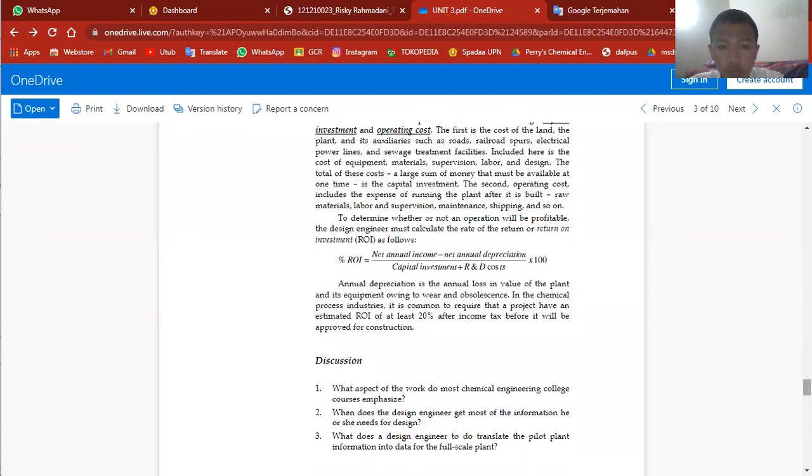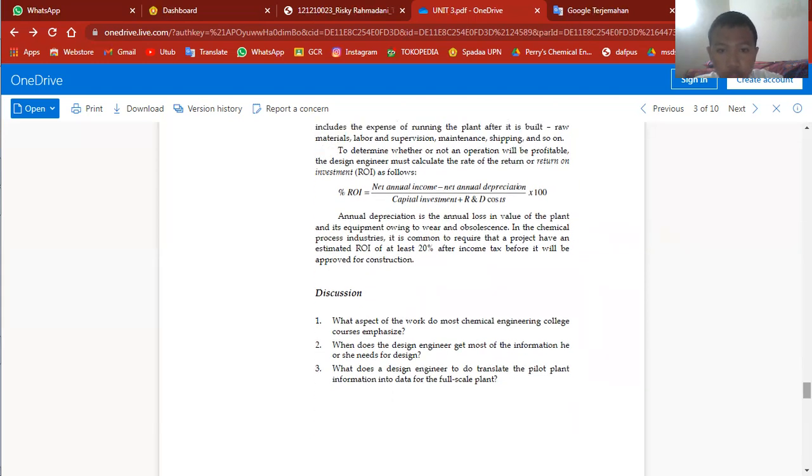To determine whether or not an operation will be profitable, the design engineer must calculate the rate of return on investment (ROI) as follows: percent ROI equals net annual income minus net annual depreciation, divided by capital investment plus R&D cost, multiplied by 100.